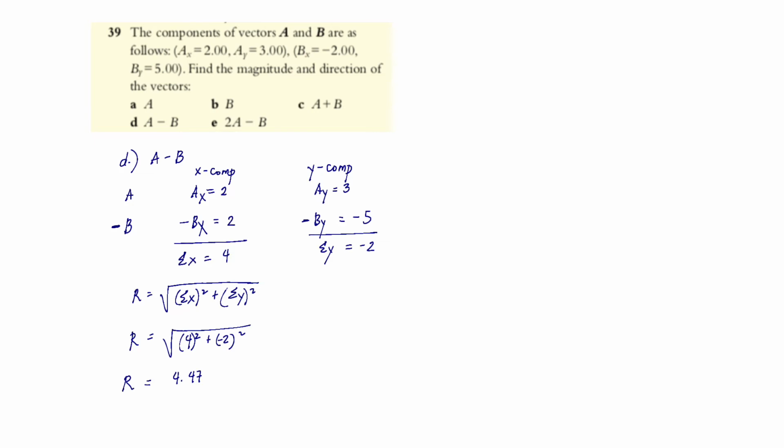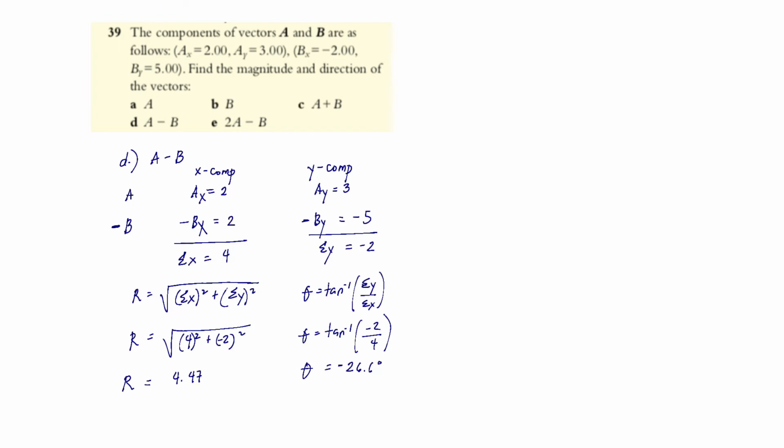Now, how about the angle? For the angle, we're gonna have the arctan of summation of y over summation of x, and so that is the arctan of negative 2 over 4, and that is 26.56 degrees, and that is negative.